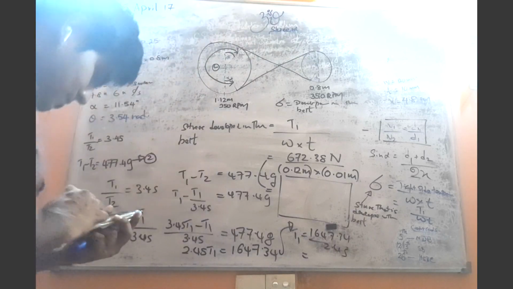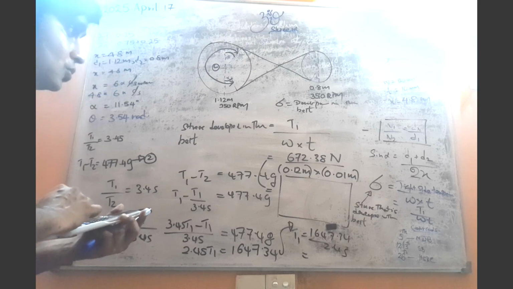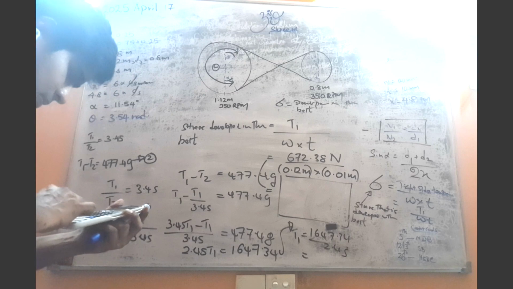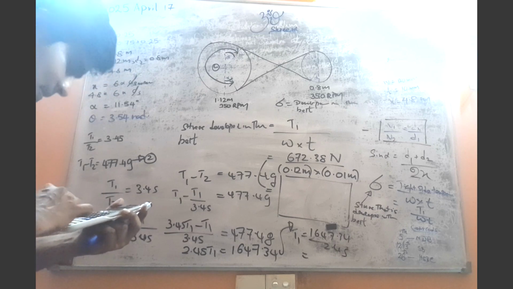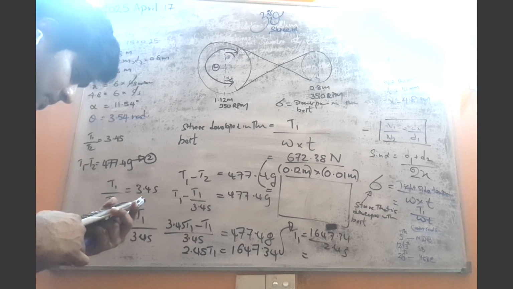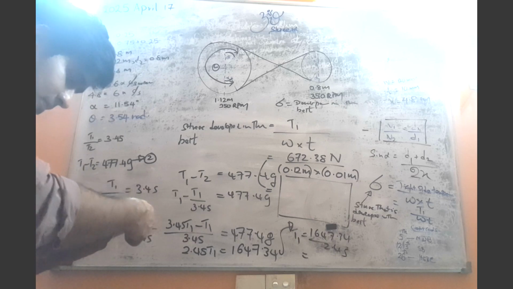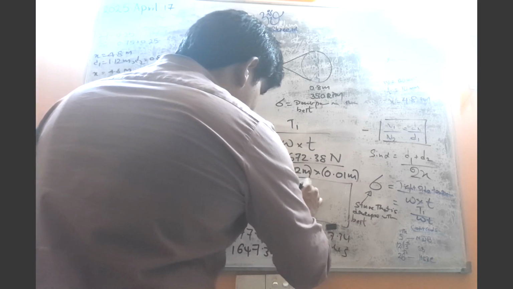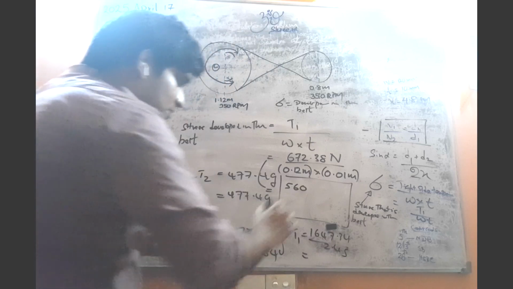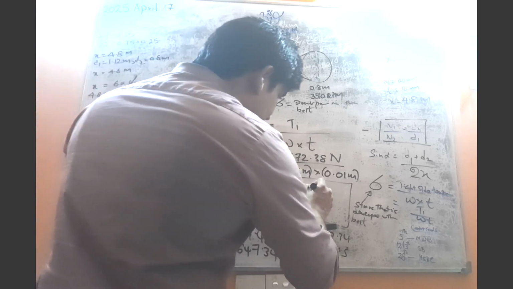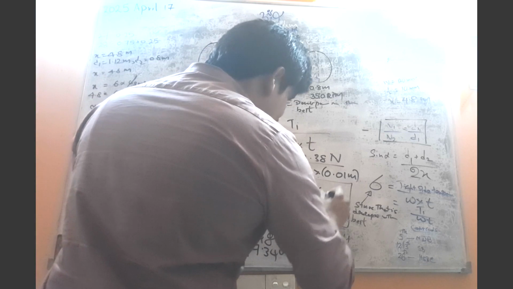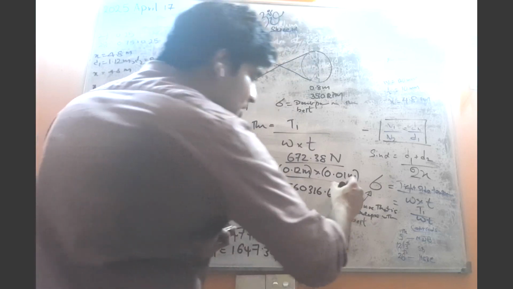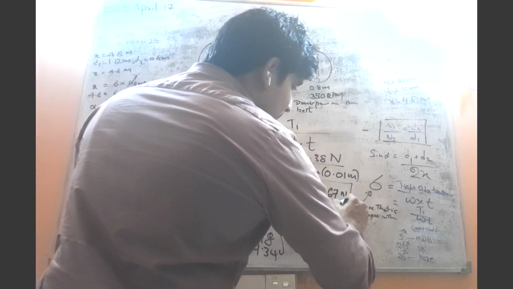Now 672.38 divided by 0.12 multiplied by 0.01. The answer is 560,316.67 newtons per meter squared.